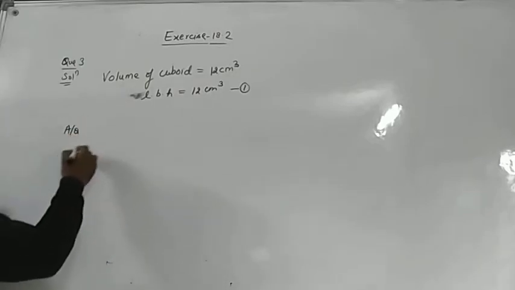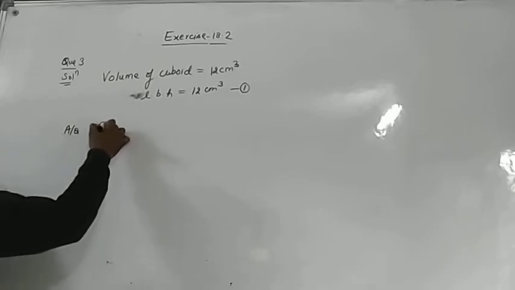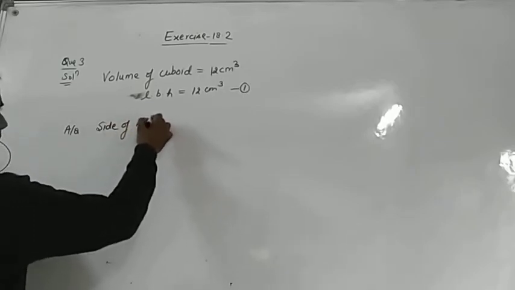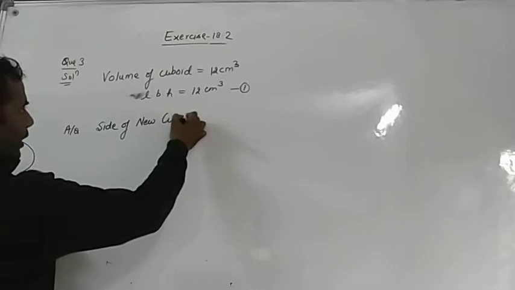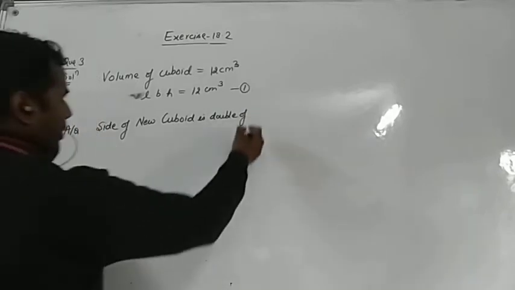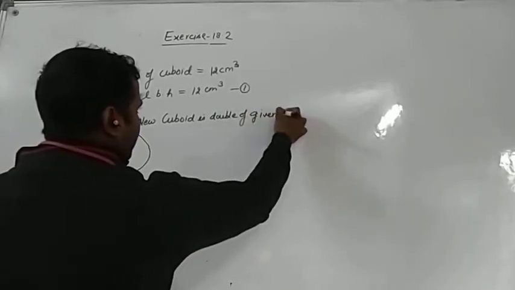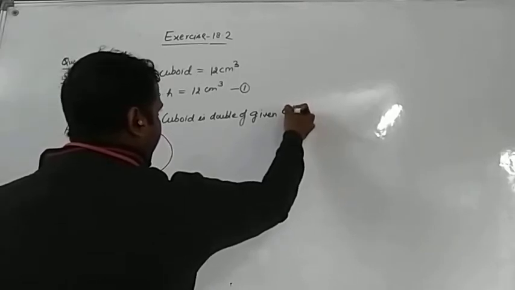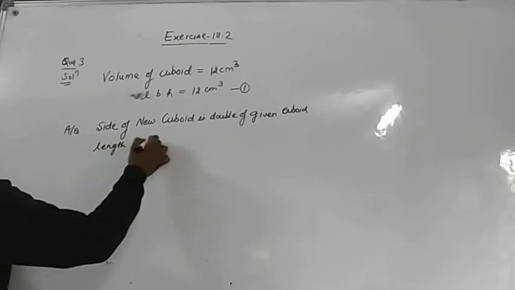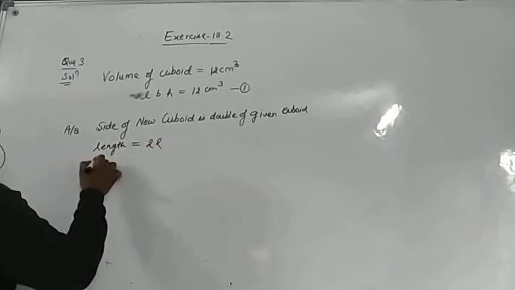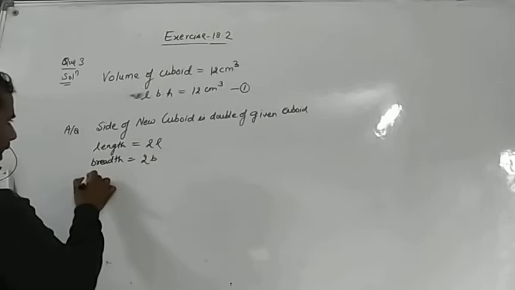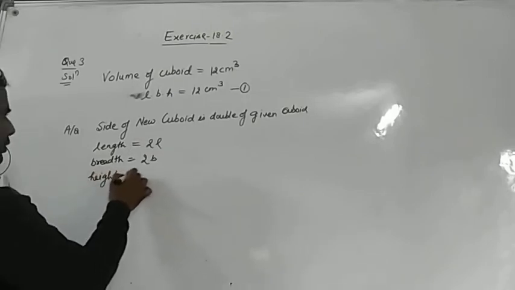According to the question, sides of the new cuboid are double of the given cuboid, that is, length of new cuboid is equal to 2l, width is equal to 2b and height is equal to 2h.